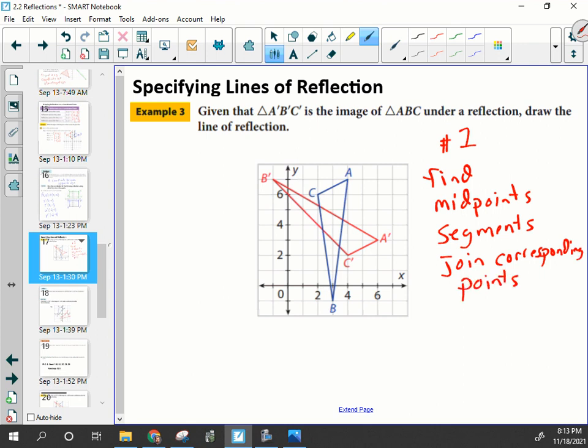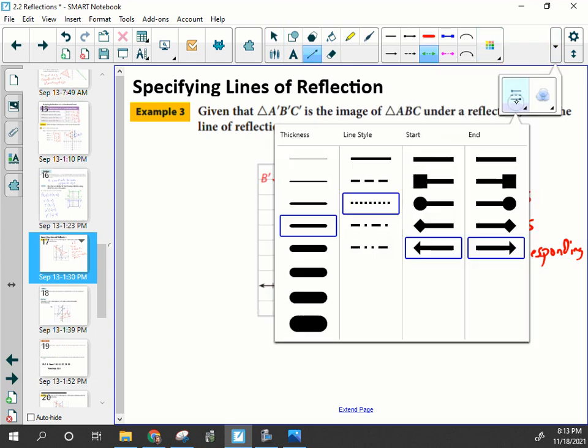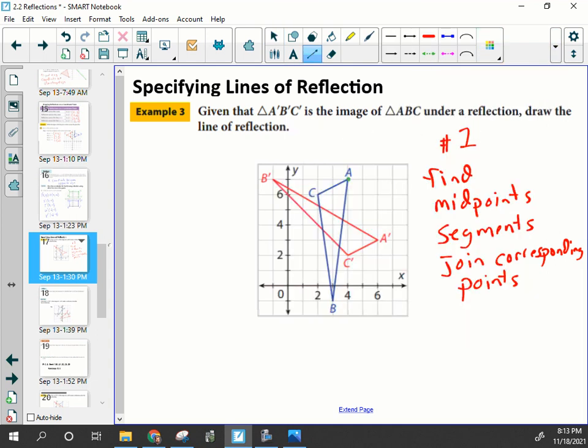So what I'm going to do is draw the line that connects A to A prime, B to B prime, and C to C prime. And what I'm going to do is measure those segments and find the midpoint of those segments.